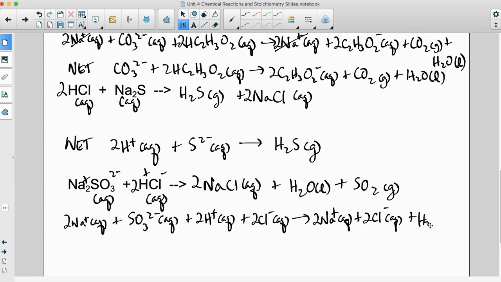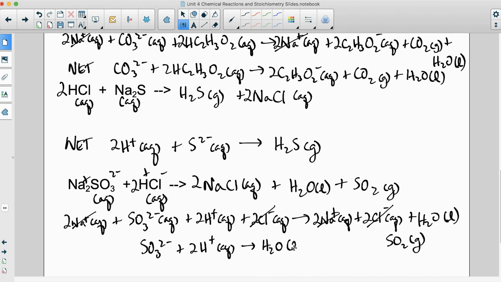H2O liquid we do not dissociate, and the SO2 gas we do not dissociate. So I can cancel out my 2Cl-. We can cancel out our 2Na+. So here the net ionic reaction is SO3 2- plus 2H+ aqueous forms H2O liquid plus SO2 gas.